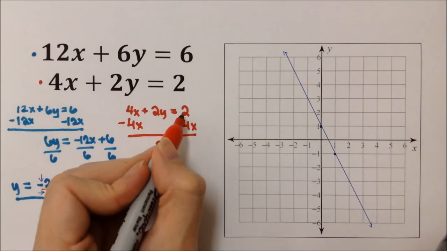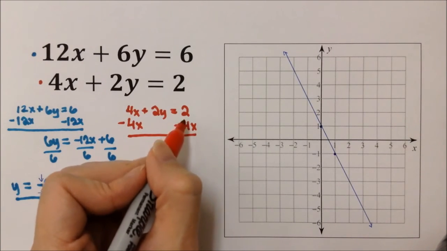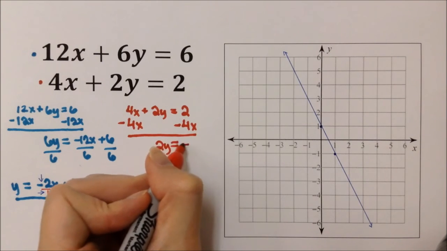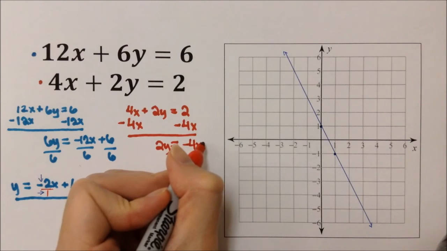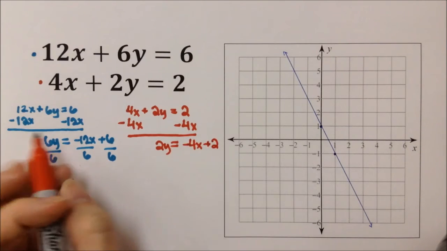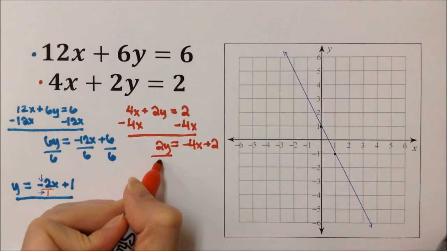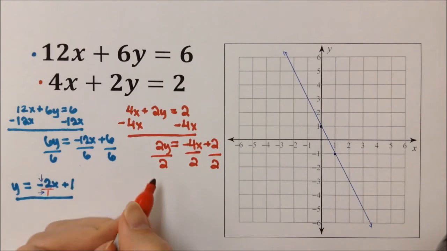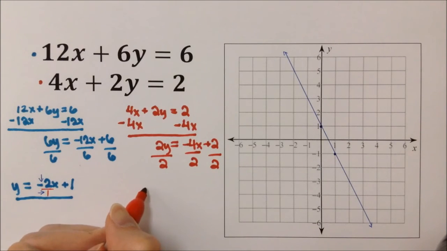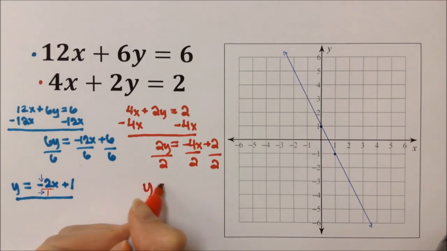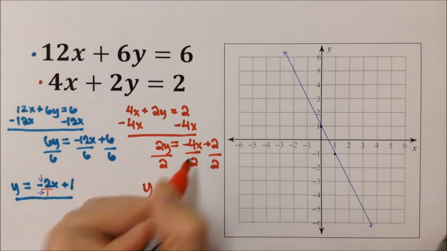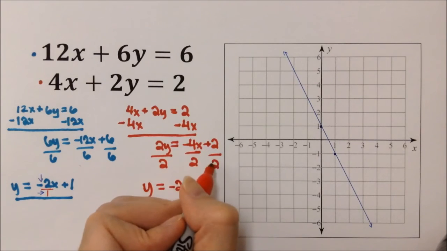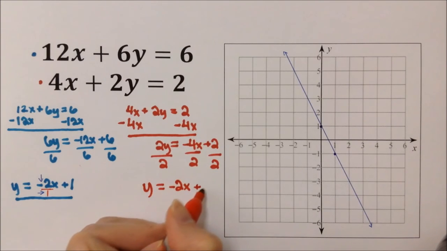And then on the right side, 2 minus 4x cannot be combined because of a number and a variable, so simply on the right side will be negative 4x plus 2. And then I want to get the y by itself, so I'm going to divide everything by 2. So when I divide everything by 2, it will simply be y equals negative 4x divided by 2, which is negative 2x, and then positive 2 divided by 2 will be plus 1.